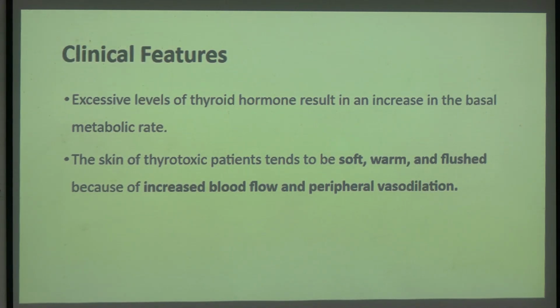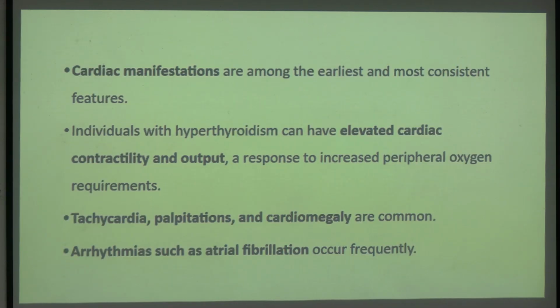Now the clinical features. Excessive levels of thyroid hormone result in an increase in the basal metabolic rate. The skin of the thyrotoxic patient tends to be soft, warm and flushed because of increased blood flow and peripheral vasodilation. Then cardiac manifestations.